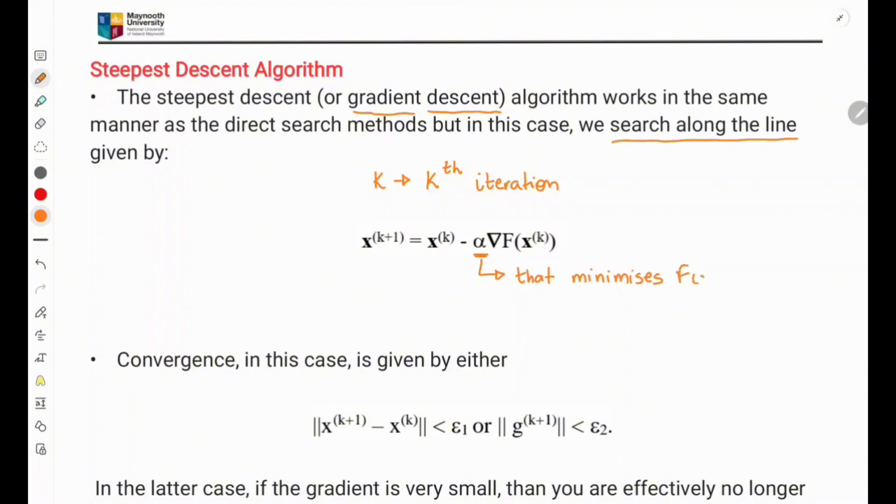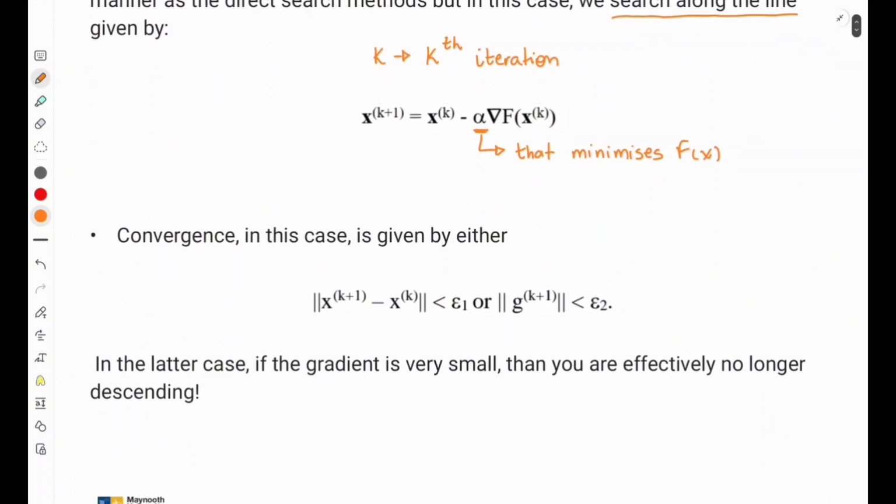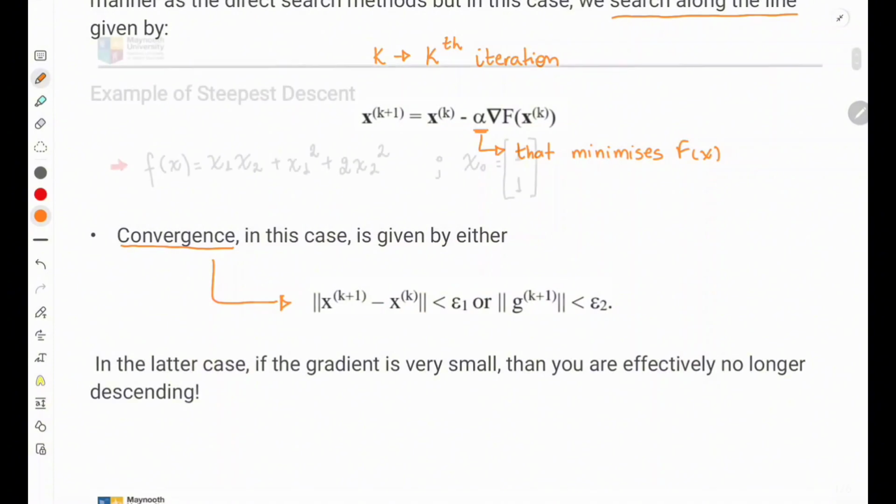And in that case here, the convergence is given by either of these conditions, epsilon 1 and epsilon 2. And in the latter case, if the gradient is very small, then you are effectively no longer descending.